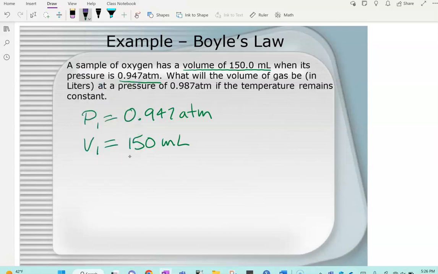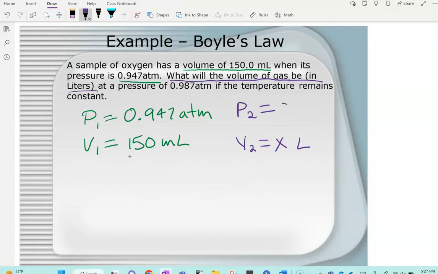Question continues, what will the volume be of the gas, in liters? So that's what we're trying to find. We are going to be solving for V2 in liters. You could say it's question mark, or we'll say X, when our P2 has changed.